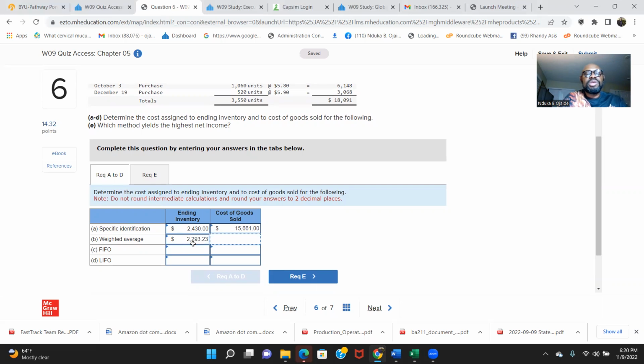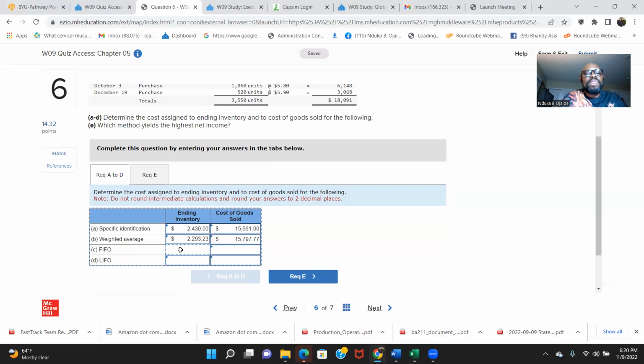Then minus this from this, all it's going to give you is 15,797.77. That is how you get the cost of goods sold for this, and then the ending inventory for this.